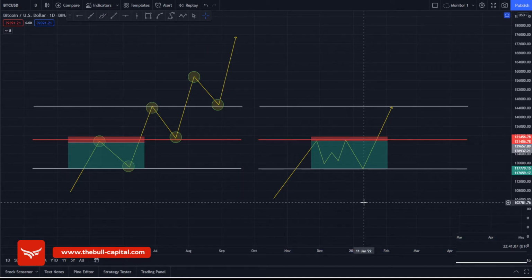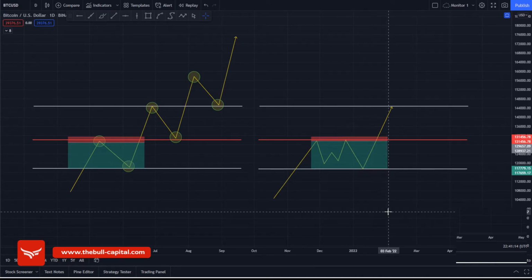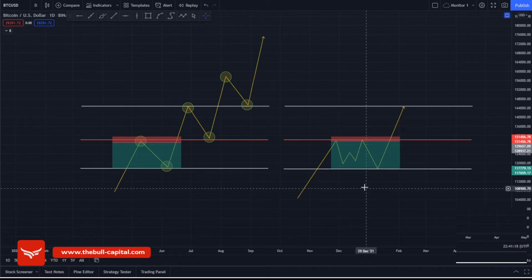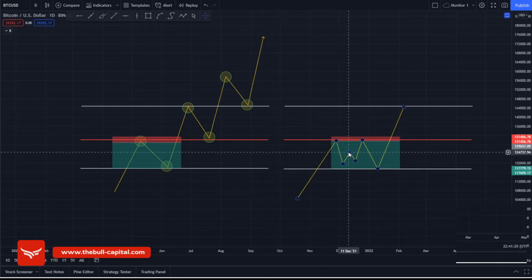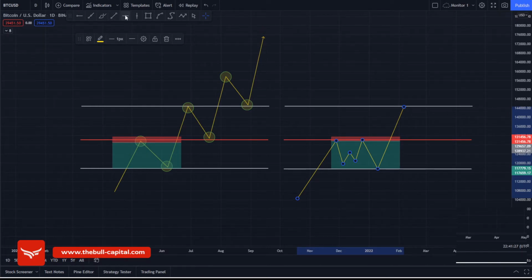Now where should you take profit? We understood that this is the final take profit, but your first take profit should be at the top of this swing here, of this peak, and I'm going to mark it.